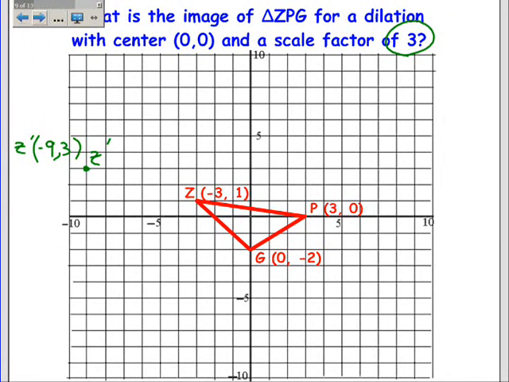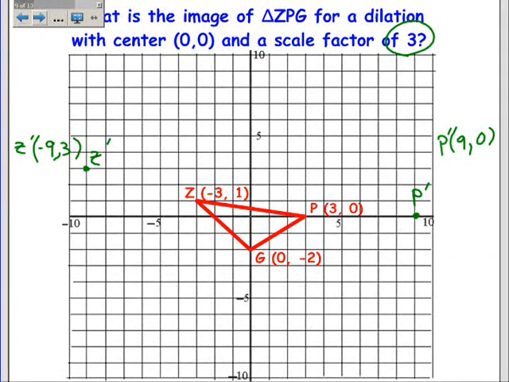Let's do P next. P prime will be equal to 3 times the scale factor, which is 3, and I get 9. And 0 times 3 is 0, so P prime must be 9, 0. It's P prime. All right, G is 0, negative 2.